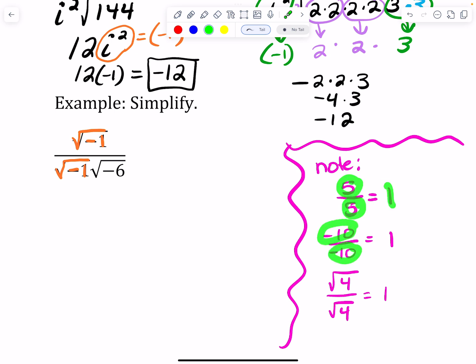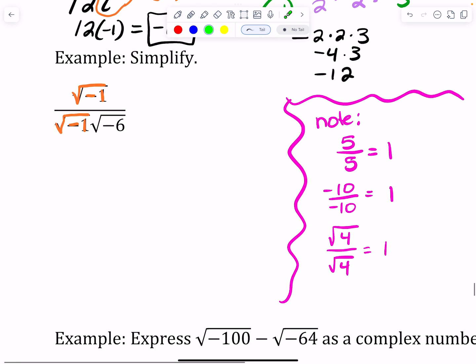So when I look at this problem, I see something divided by itself here, which is going to equal 1. So those cancel out.